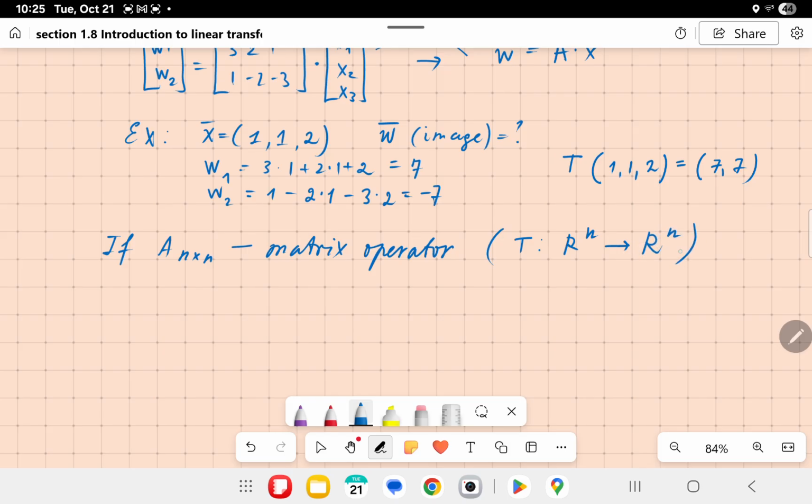Generally they don't have to have the same dimension, but if both spaces have the same dimension, we are going to call it a matrix operator. For a transformation, we are just going to call it an operator.